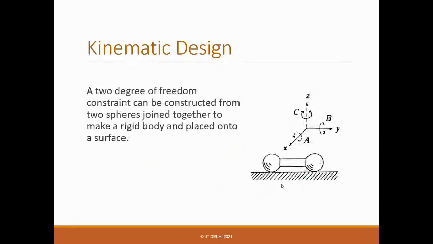What happens if you have two contacts? A dumbbell kind of thing, or any object that makes only two contacts. If you take a dumbbell and put it on a flat surface, there will be 2-point contact, and these are the constraint lines, C1 and C2.